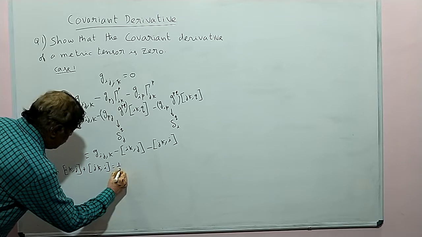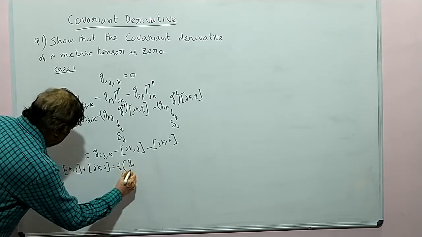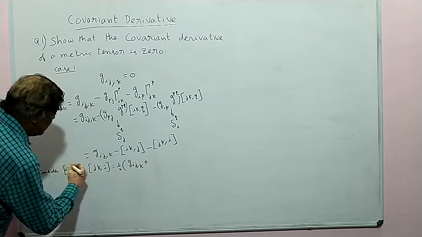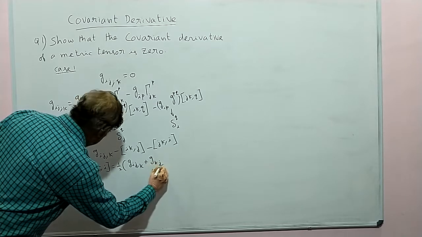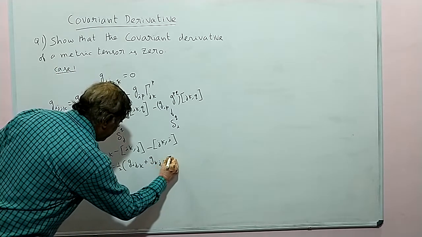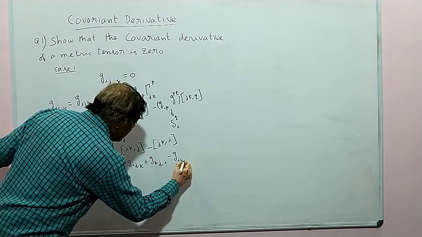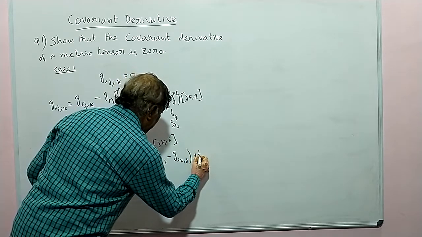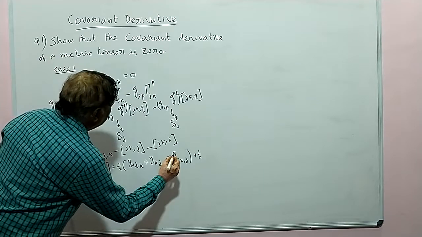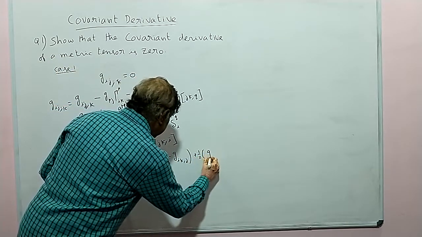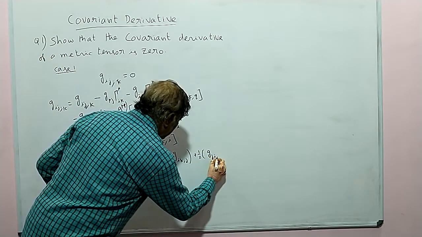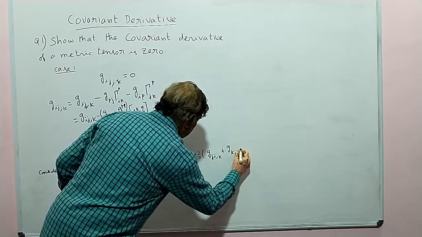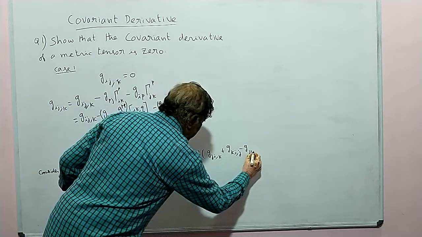If you expand this symbol, this is half into g_ij comma k plus g_kj comma i minus g_ik comma j. So the first term is expressed in this form, and the second term is plus half into g_ji comma k plus g_ki comma j minus g_jk comma i.